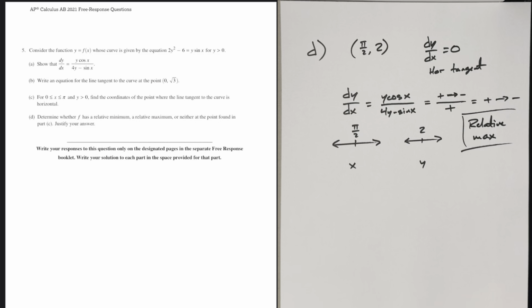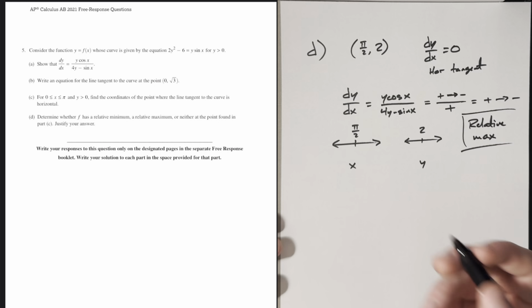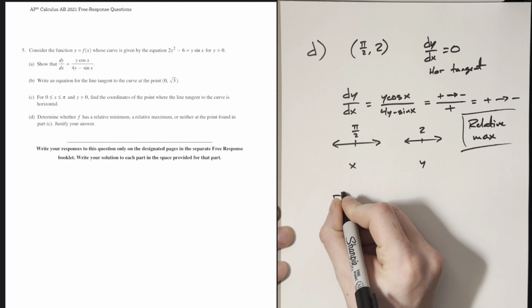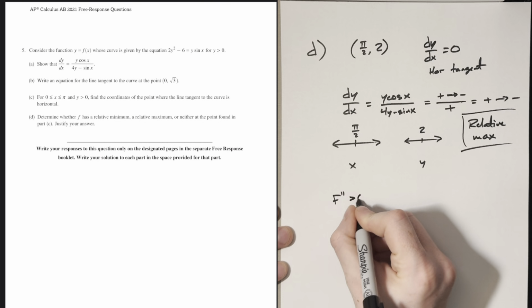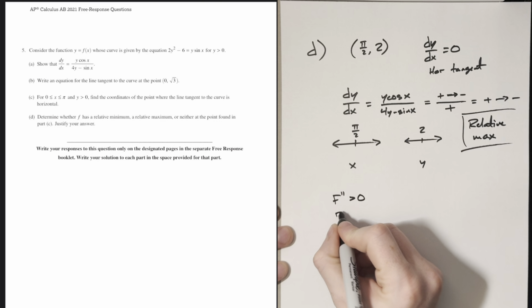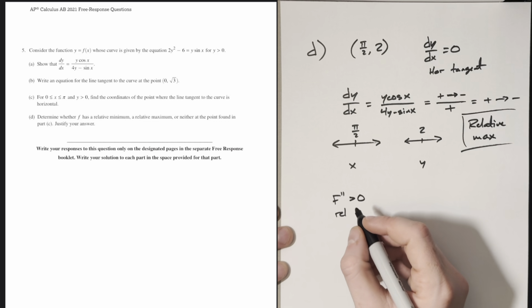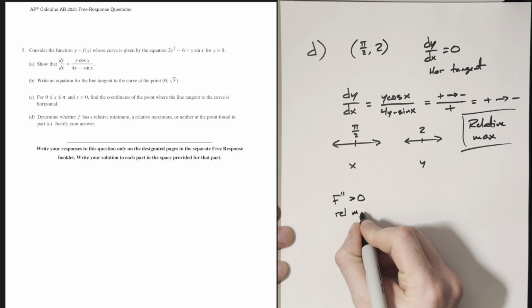But the other way to approach this is by using the second derivative test. What that says is that if our second derivative of a function is greater than 0 at a point where we have a critical value, then that is a relative minimum.